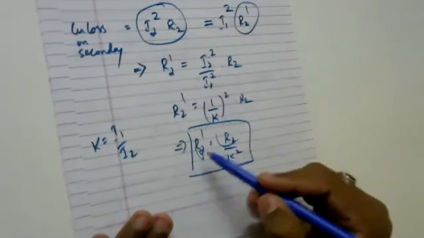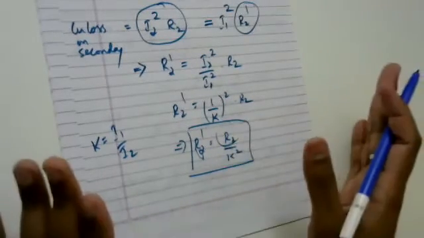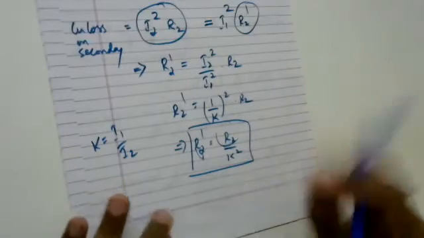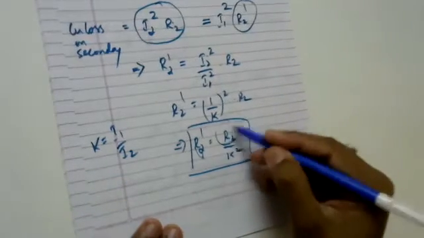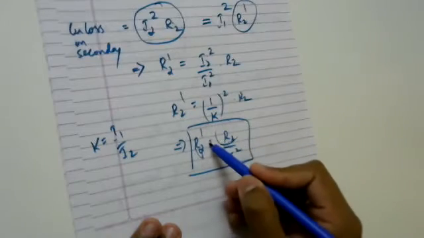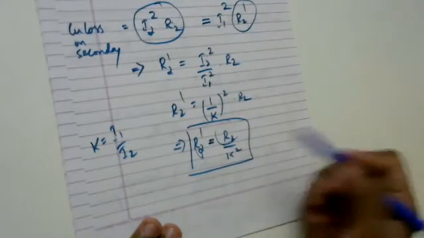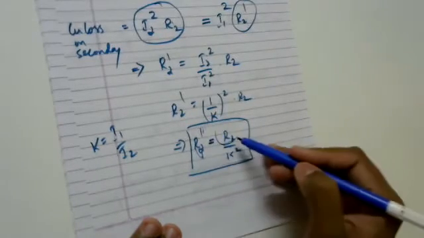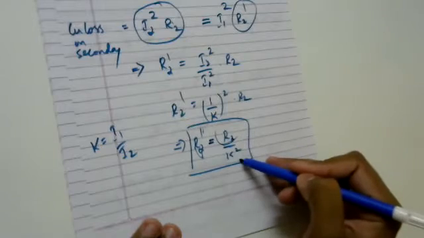But R2 dash will not bring any change in the performance of a transformer. What R2 is doing, the same thing R2 dash is doing. That is what this equal sign is telling you: R2 dash is equal to R2 divided by K square.